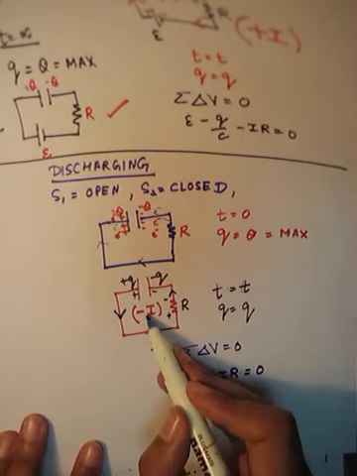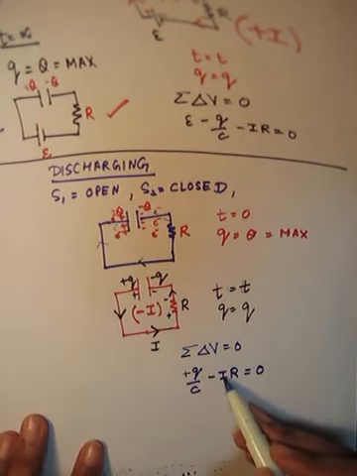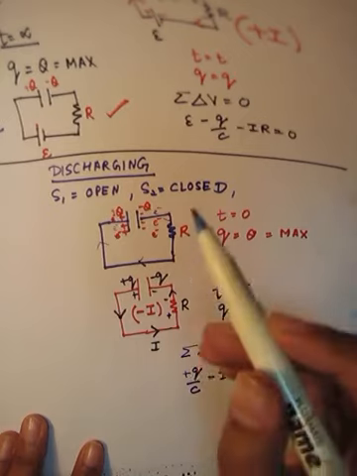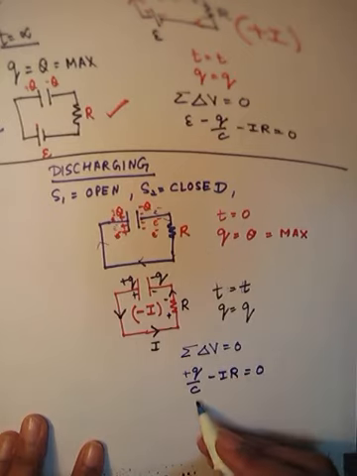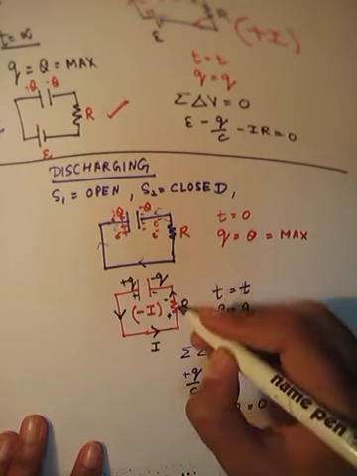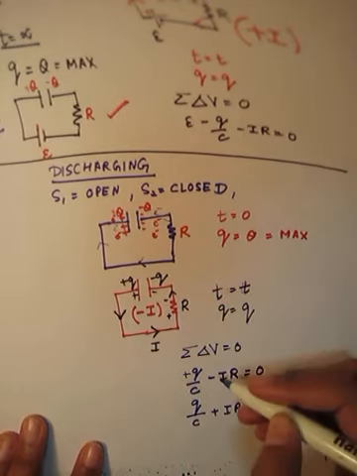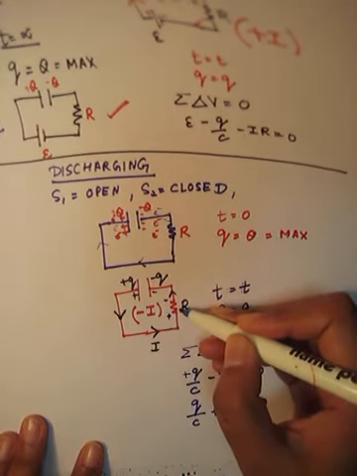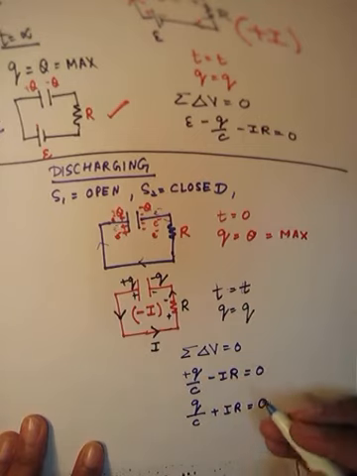Okay, but now we know that the current, if this is current, should be negative of the current we already had. So because of that, we'll have plus IR is equal to 0. Because the current is not I, in actual it will be minus I, so it will be minus of minus IR.